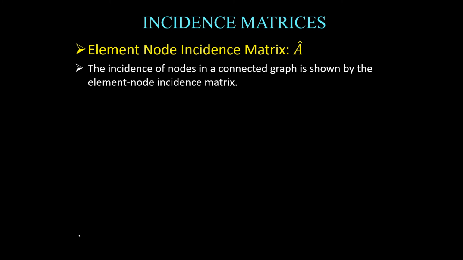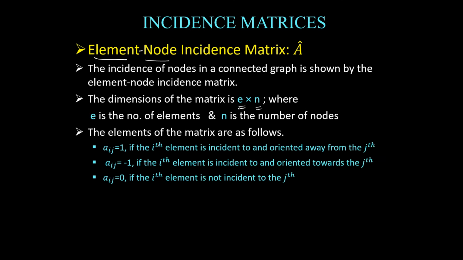Coming to the second point, the dimension of the matrix is E cross N, which we have discussed already, because E refers to the number of elements and N refers to the number of nodes. Now coming to the elements of the matrix: Aij is equal to 1 if the ith element is incident to and oriented away from the jth node.